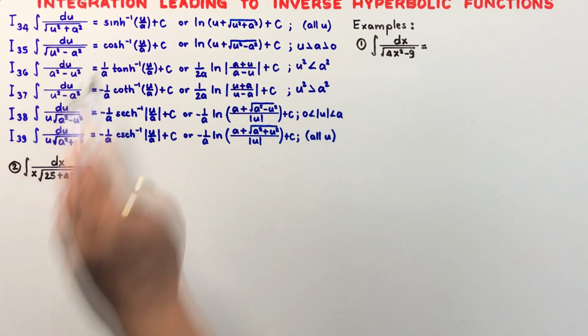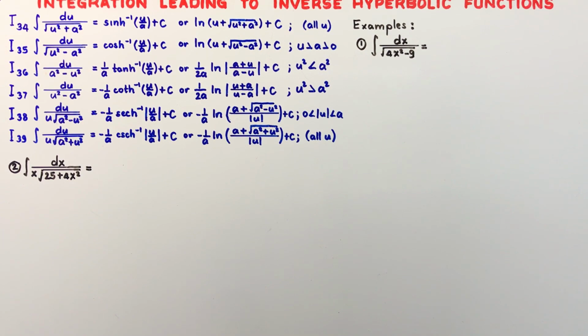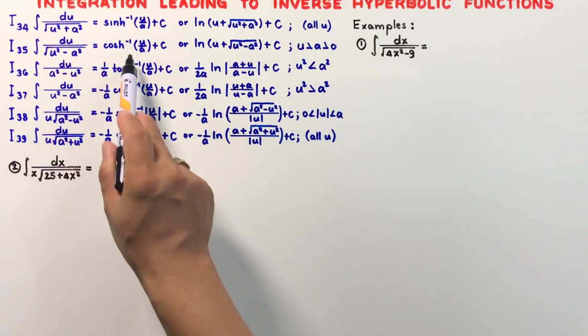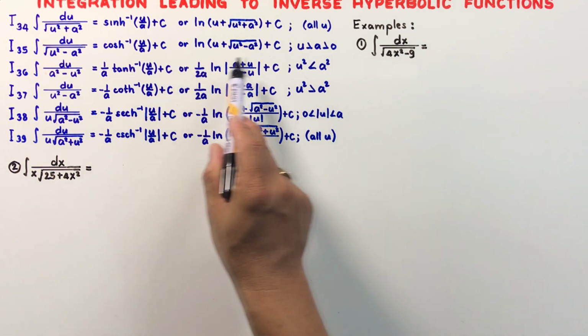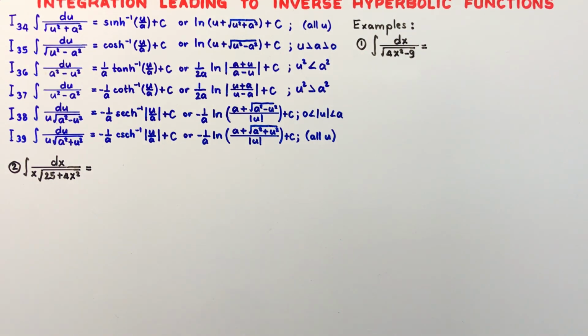So formula 35, we have the integral of du over the square root of u squared minus a squared is equal to the inverse hyperbolic cosine of u over a plus c, or that is the natural log of u plus the square root of u squared minus a squared plus the constant of integration c.